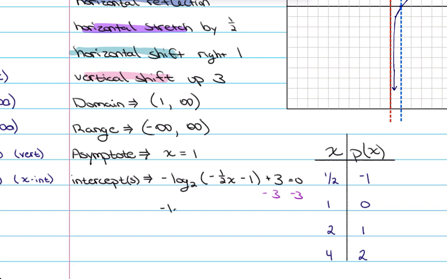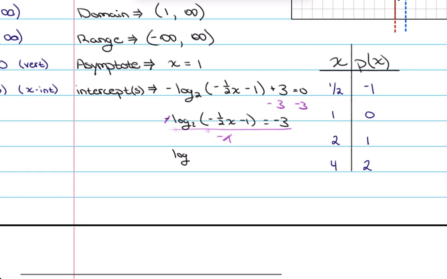So that gives me negative log base 2 of -1/2 x minus 1 equals -3. Then what I'm going to do is I'm going to divide this whole thing by a -1. That gets rid of this negative here. So I end up with the log base 2 of -1/2 x minus 1, and that'll equal a +3 now because we divided that side by a -1 as well.